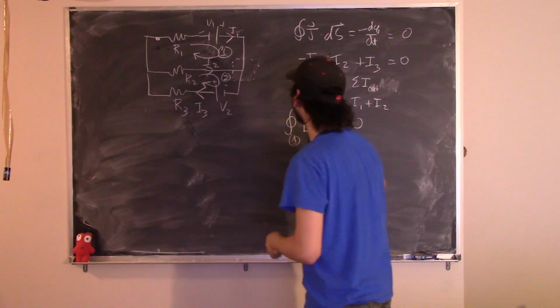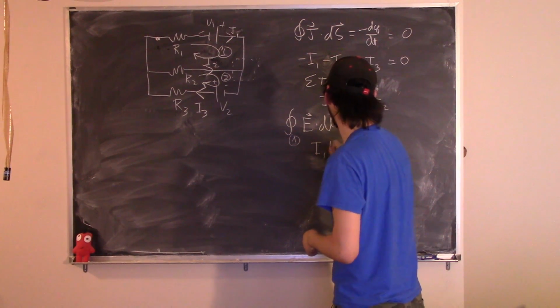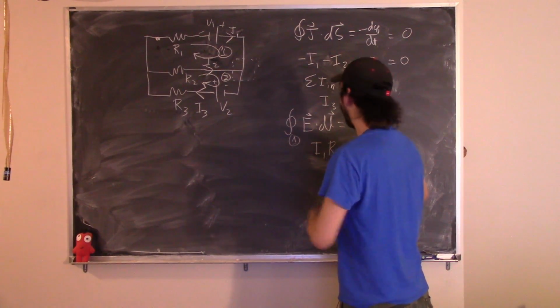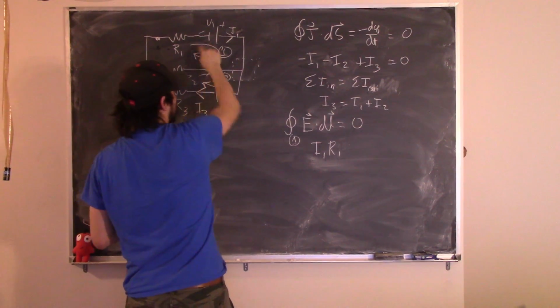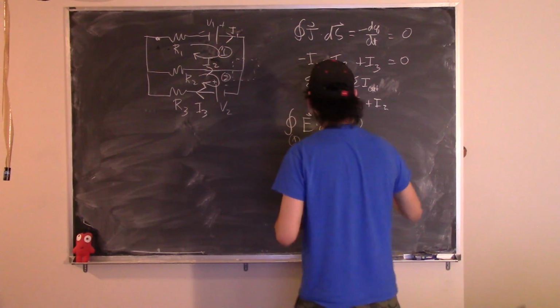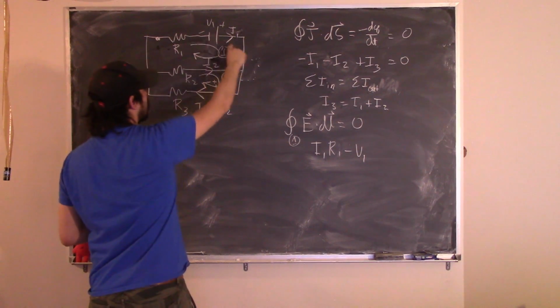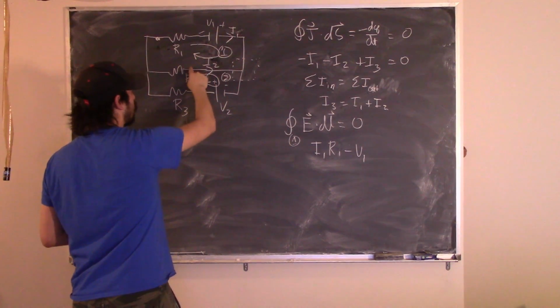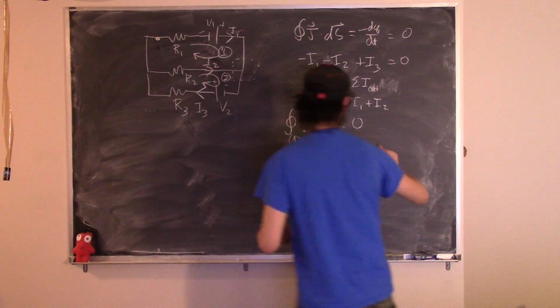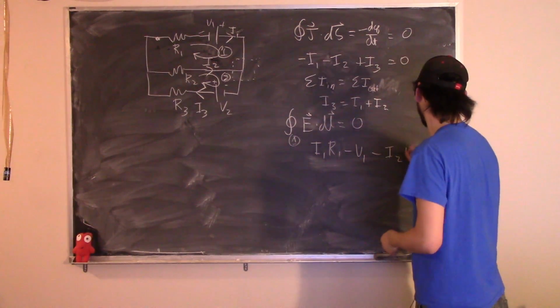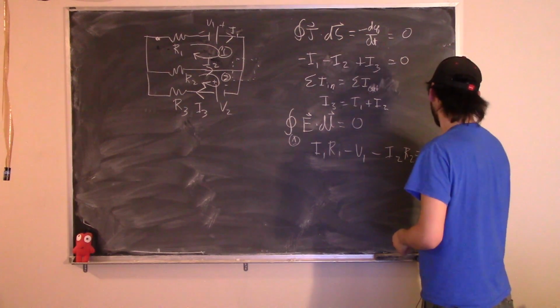So this is going to be I1 times R1. Now, when I get to the battery, I see a negative sign here, and so this is going to be minus V1. Coming around down through R2, the current is going to the left, the loop is going to the right, and so this gives me a minus I2 times R2 is equal to 0.